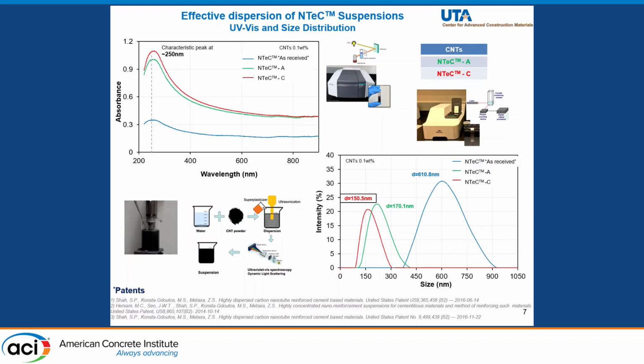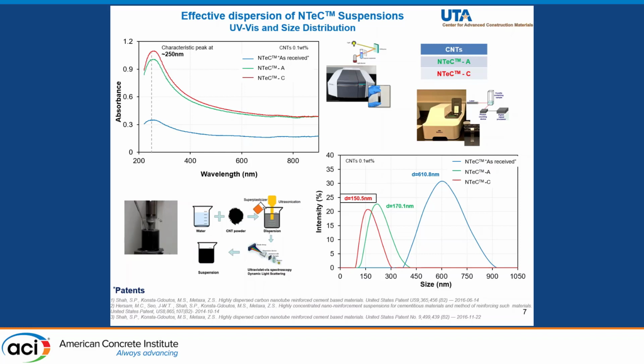On the right side of the slide, you can see the results from the particle size distribution and the zeta average particle size, the hydrodynamic particle size. Again, here you see results from NTEC as received and NTEC A and NTEC C after the application of the ultrasonication procedure.